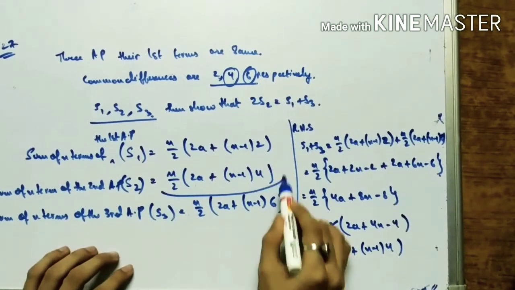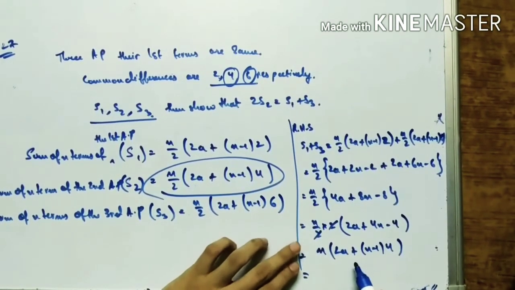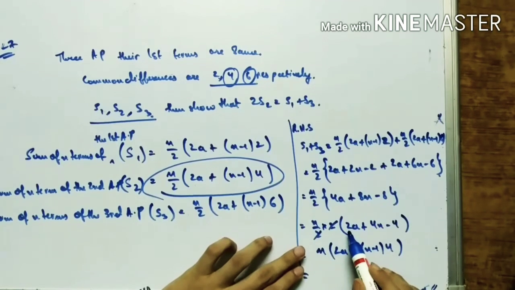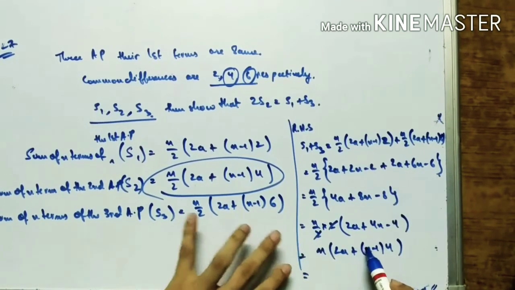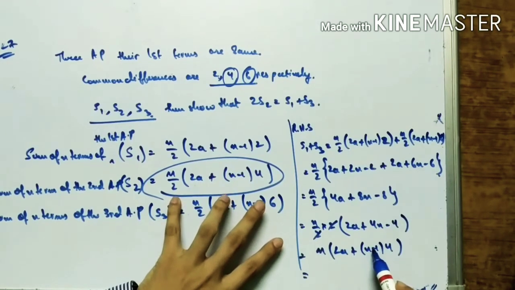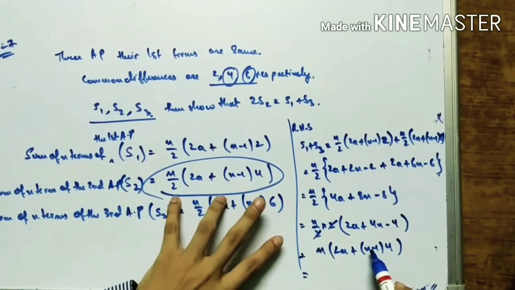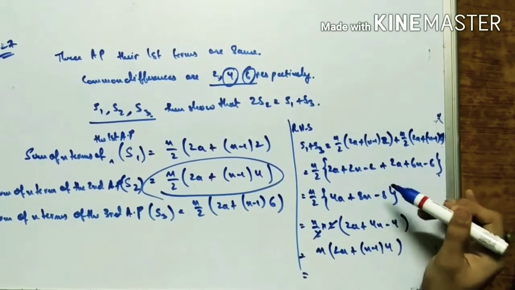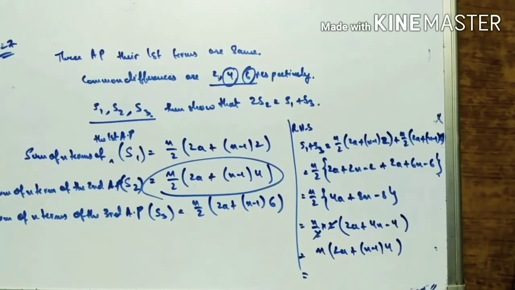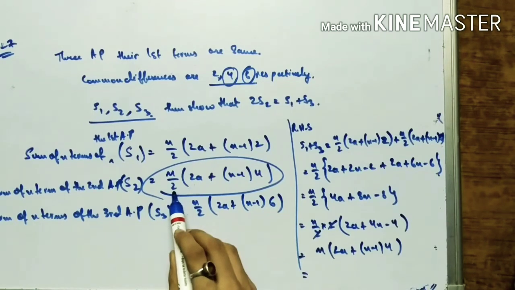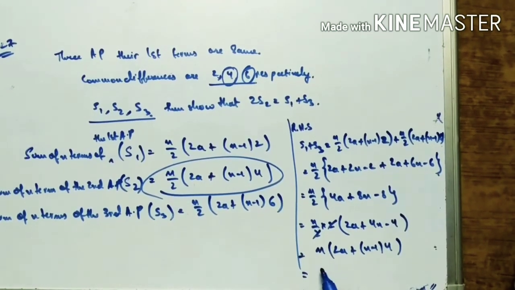And this is equal to what? In here my n by 2 is missing.